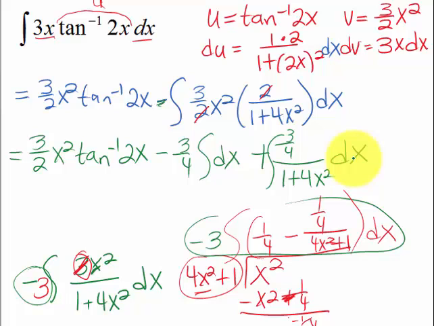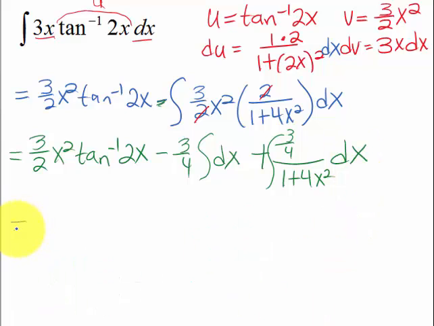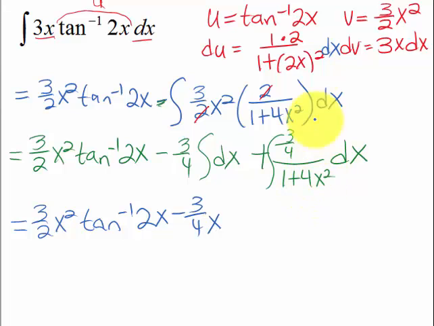Okay, I'm going to erase this bottom stuff where I did the division so that I've got room to finish the problem. So we have 3/2 x squared tan inverse of 2x, and this would just be minus 3/4 x. Now here, if I would have had this, I know that that's inverse tan of 2x, and I almost have that.